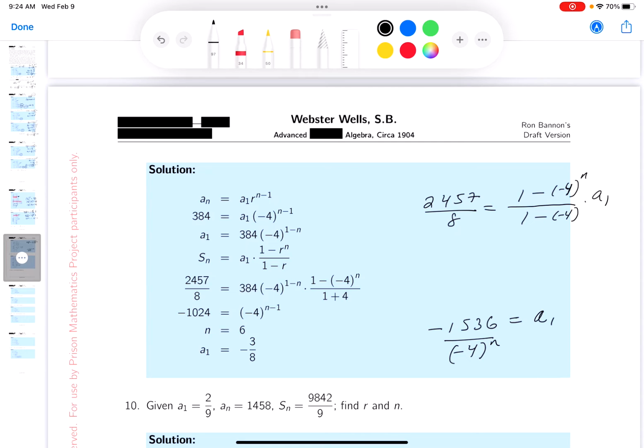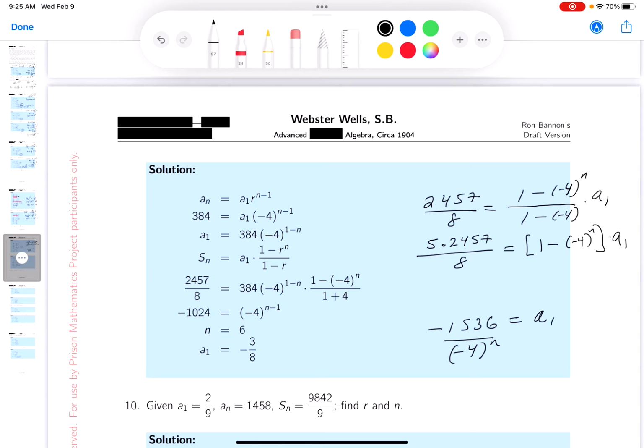All right? So let's take a look at it. And you're going to get, the bottom is 1 minus a minus 4, which is 5. So I'm going to write that down as 5 times 2,457/8. And that equals, let's be real careful about this, 1 minus 4 to the nth power, right, times A1.